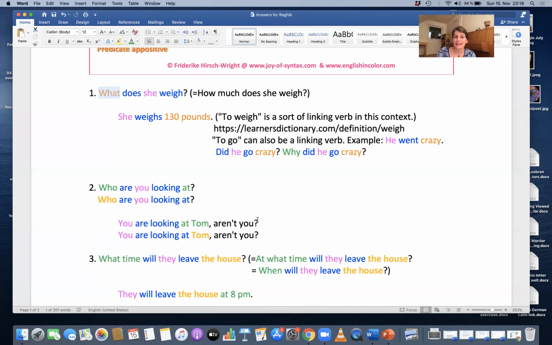And in that case, we would then consider Tom the object. So either we see look as the verb and at Tom as the prepositional phrase which functions as adverbial, or we say look at or looking at is the phrasal verb and then Tom is the object.